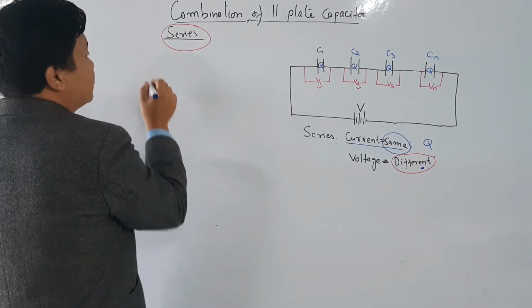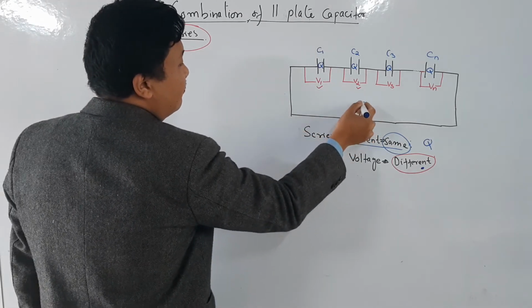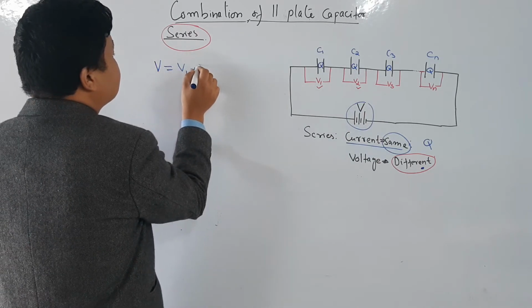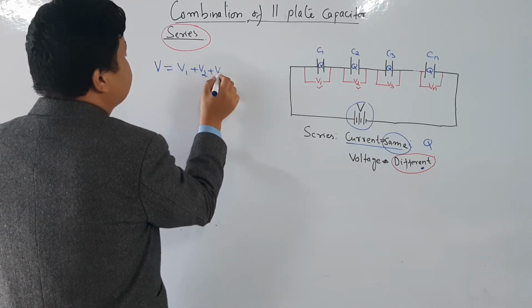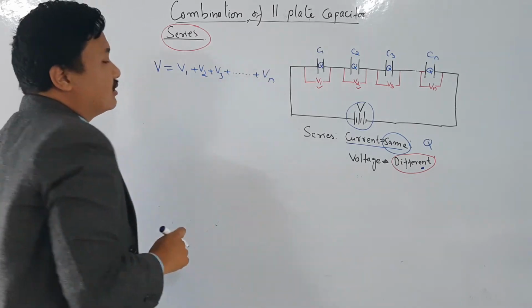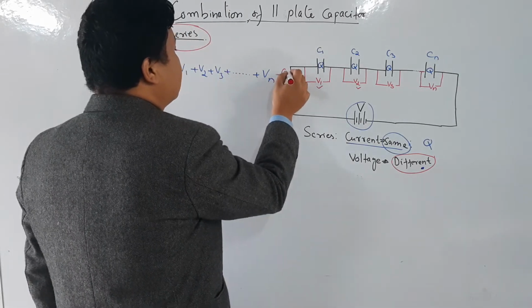So the total V, the V of this battery, will be equal to V1 plus V2 plus V3 plus dash plus Vn, because the potential is different. So this is equation number 1.